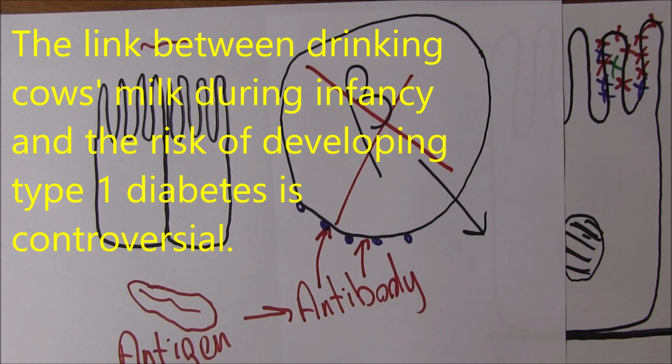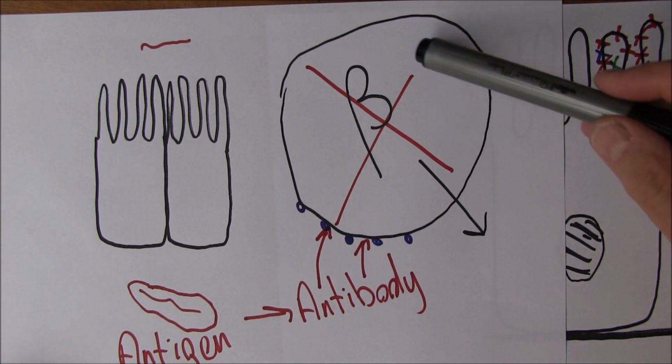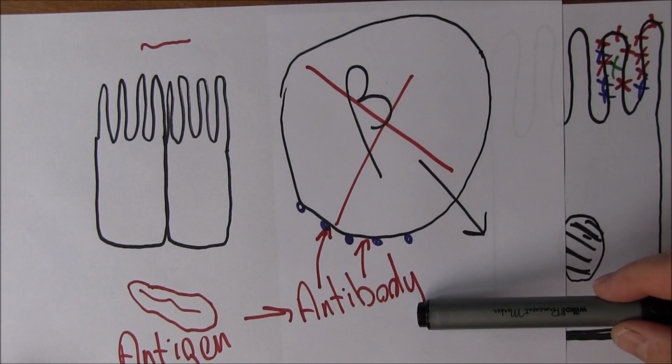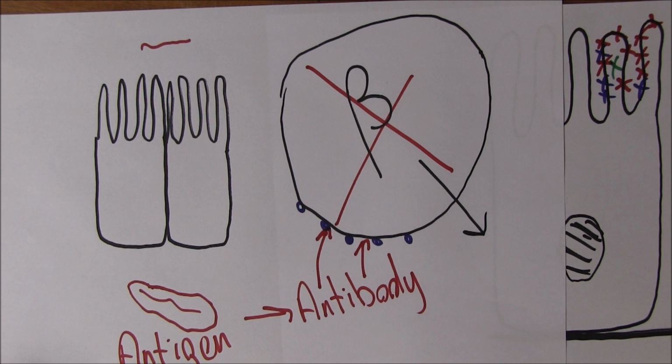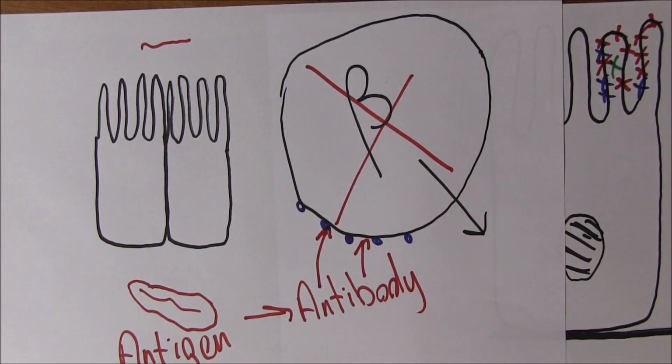And if we immunologically destroy the beta cells, then that patient unfortunately is going to get type 1 diabetes mellitus. So this is theorised. It does make perfect sense, and practically we certainly don't want to be giving cow's milk to young children, because this membrane is not as tight as it is in later childhood and in adults.